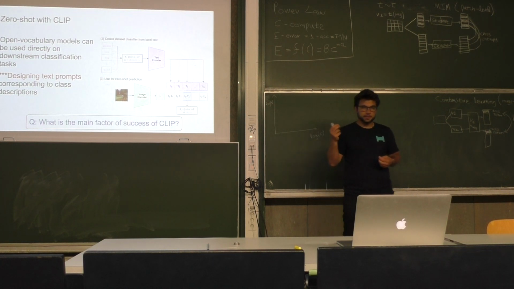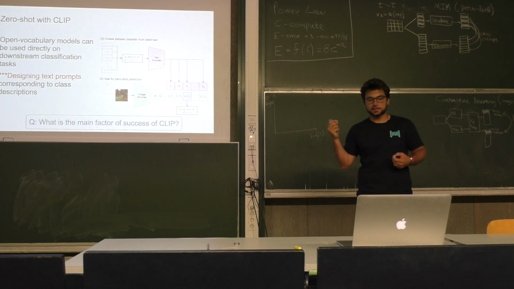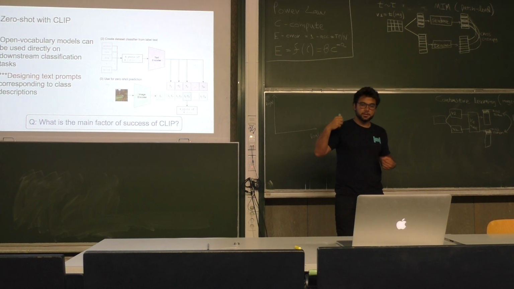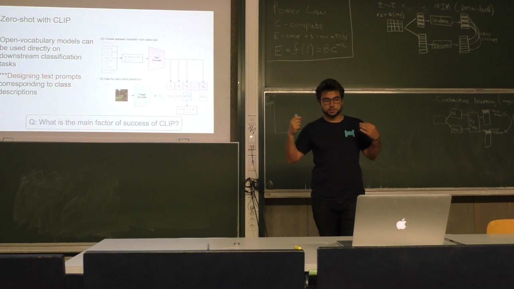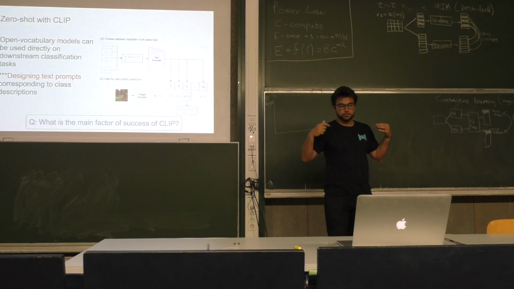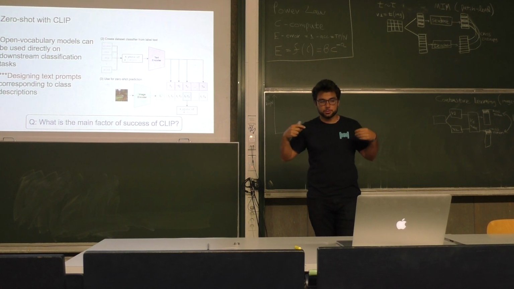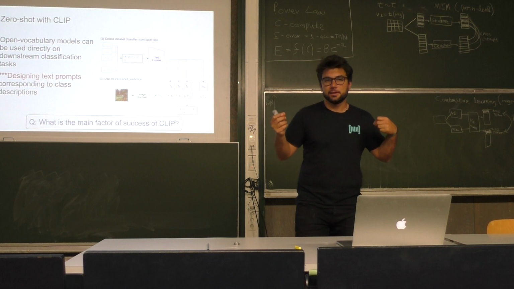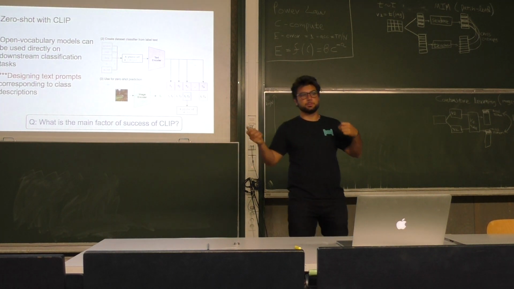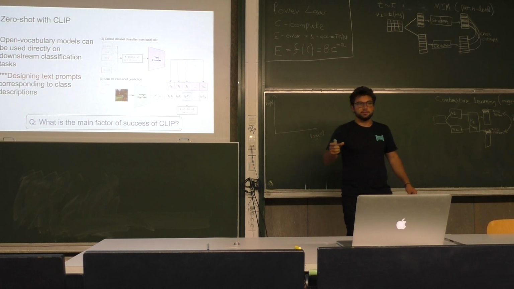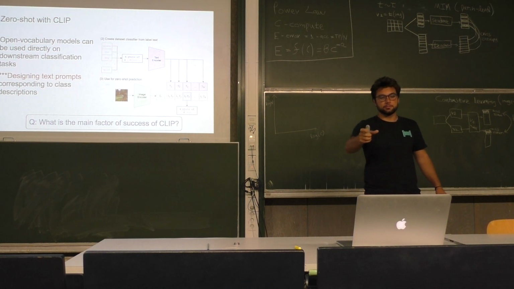The tricky part we discussed last week was that the user who is trying to predict, for example in the classification task, needs to design some text prompts, and you can have a very significant performance boost by tuning the text prompts of the CLIP model instead of naively providing the class label.